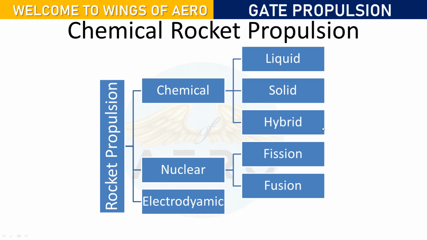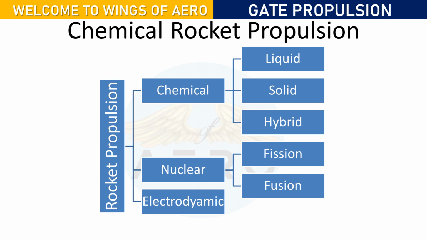Now we will switch over to some of the classifications of the chemical rocket. I think in the previous class we discussed the different types and how they play a vital role. In this class we will mostly focus on the liquid rocket and its important components, how it works, and if time permits we will go to the solid, the nuclear and other thermodynamic propellants.